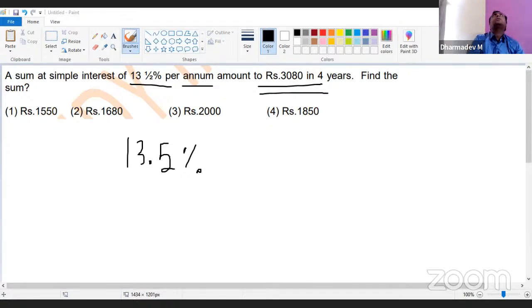This is the sum at simple interest of 13.5 per annum that amounts to 3080 in 4 years. So we have to find the sum. The amount has become 3080.